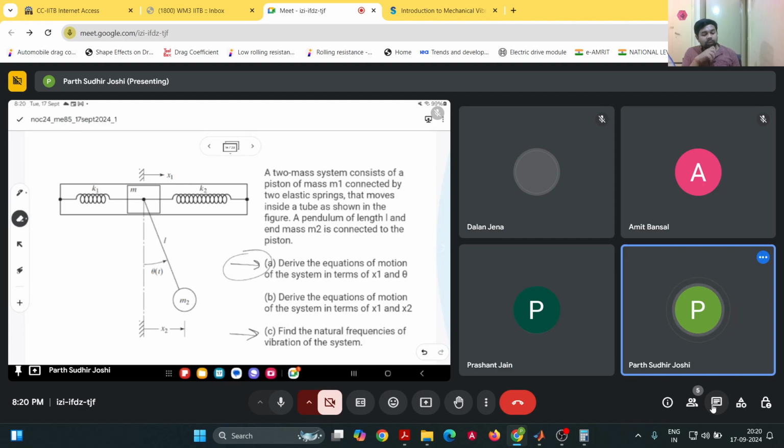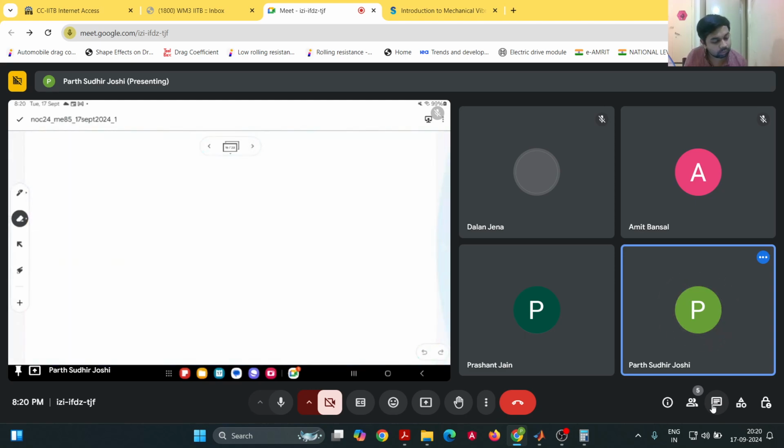So the first step is to draw the free body diagram. Because we have two springs, both are acting in an opposite way. When we move the mass to one side, one spring will be stretched and the other will be compressed. So the free body diagram for the mass m1: x1 is like this.